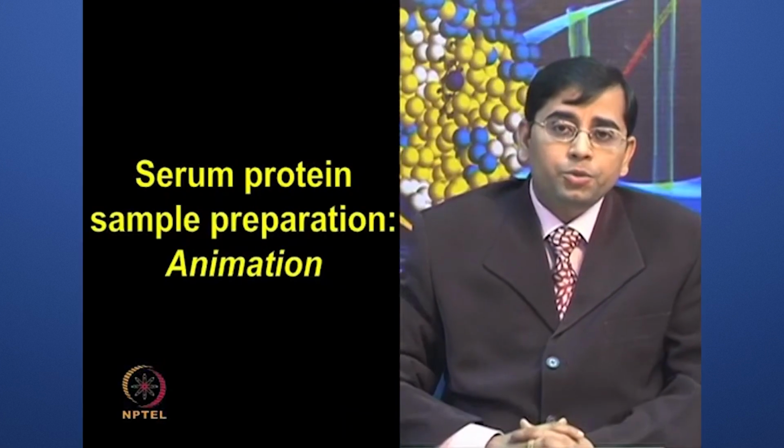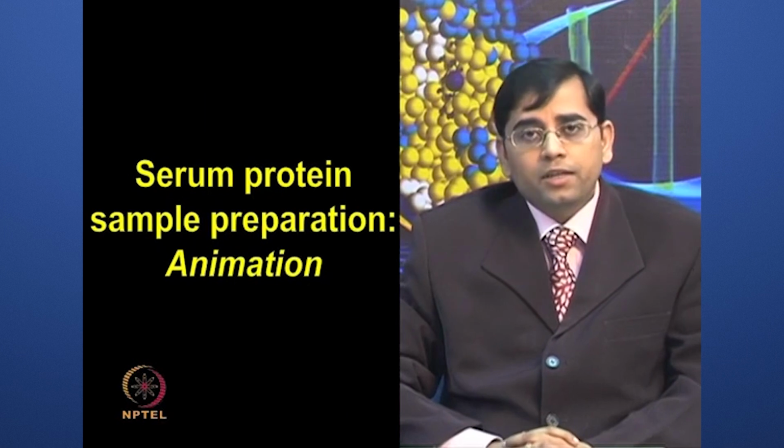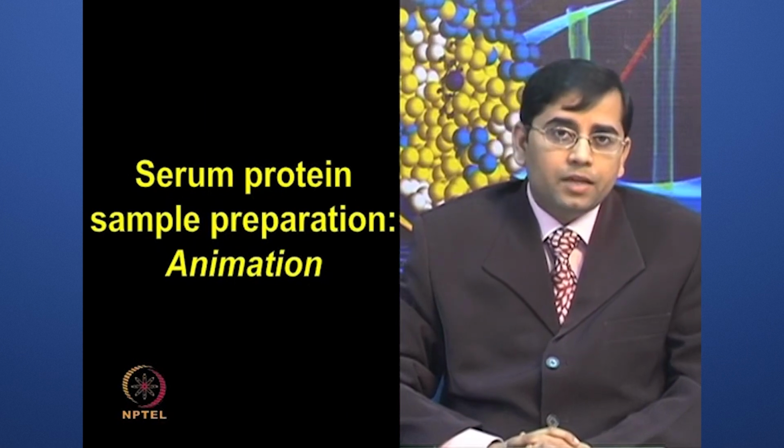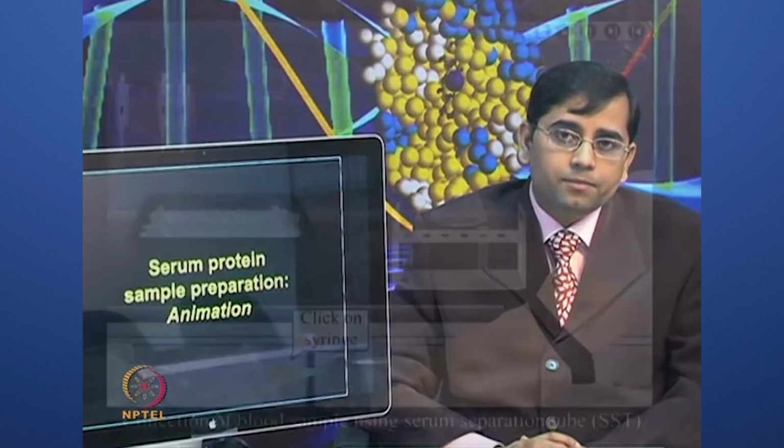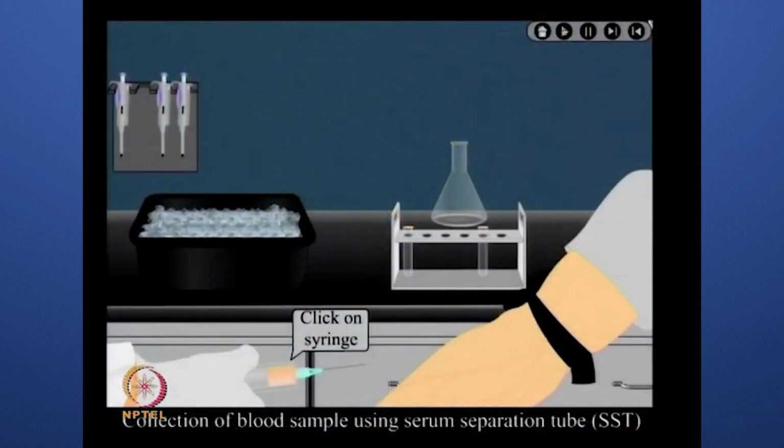So, let me show you the details of serum protein sample preparation in this animation. Serum proteome analysis. In this interactive animation, I will show you stepwise how to collect serum and how to perform the proteome sample preparation.